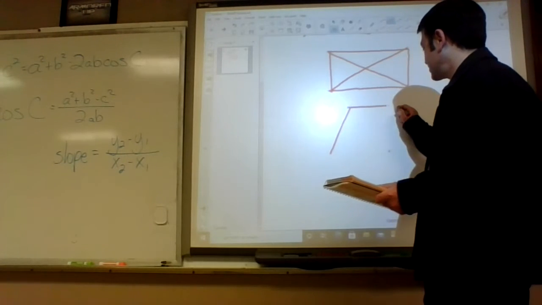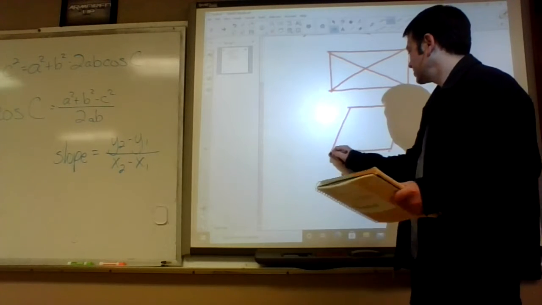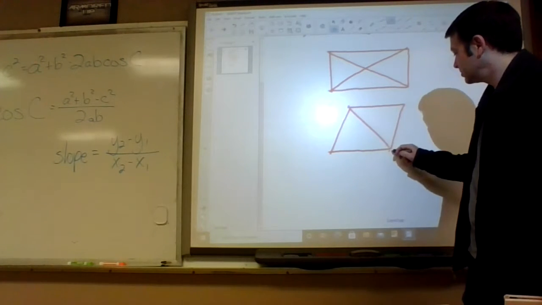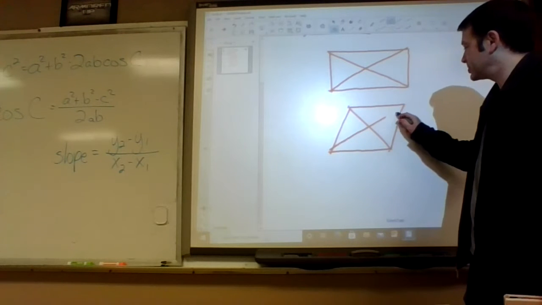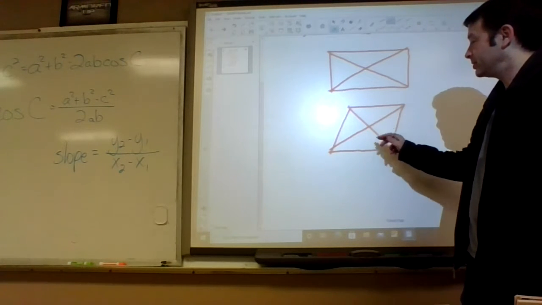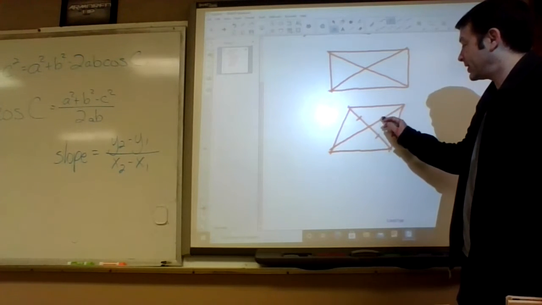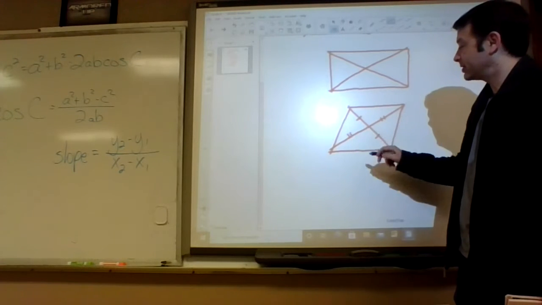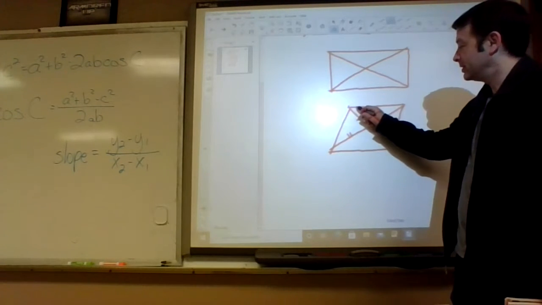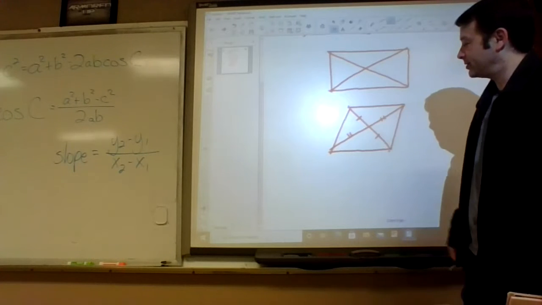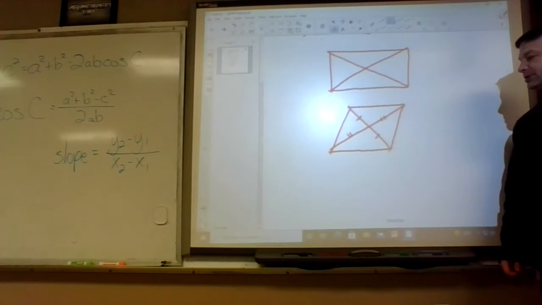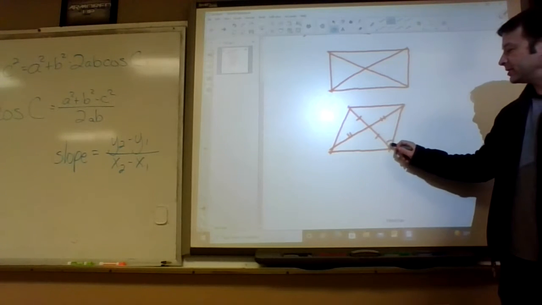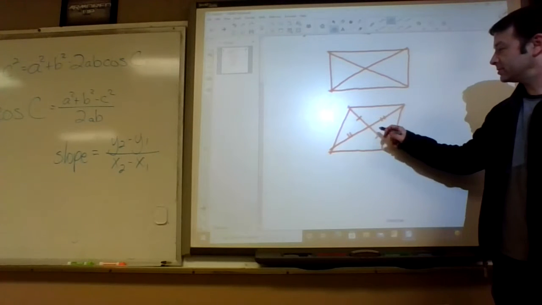On a rhombus. So a rhombus is a type of parallelogram, right? So we already know that the diagonals bisect. But also, the diagonals don't just bisect each other, they bisect the angles. So like, this angle is congruent to this angle.